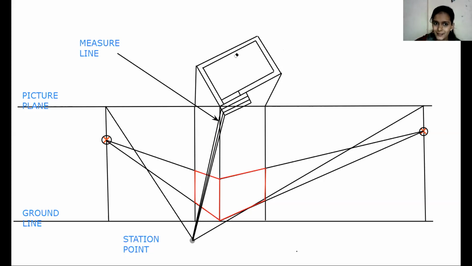You just need to extend that line up to the picture plane. Means we have drawn the line between that step's point and the station point. There are 3 inclined lines that you are watching, and we need to extend them above up to the picture plane like this.